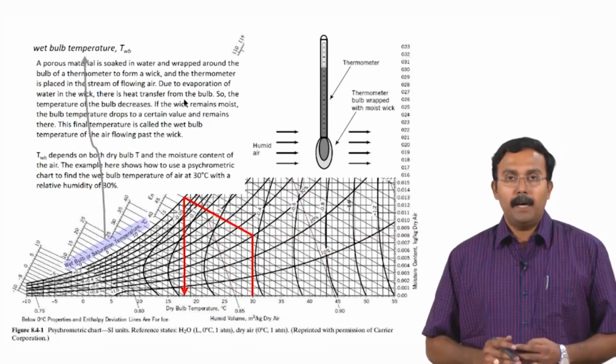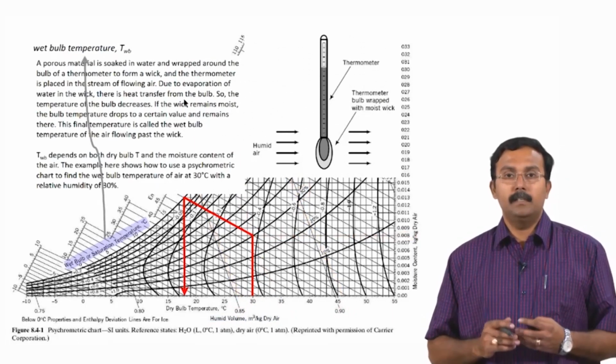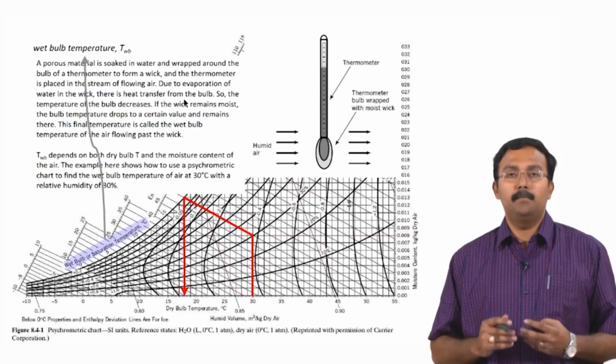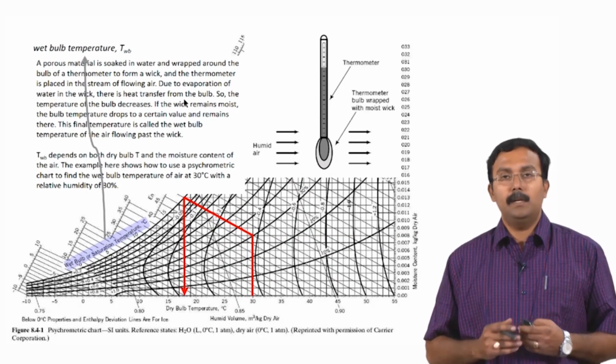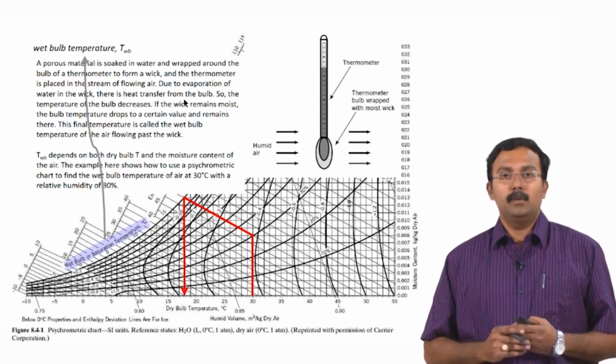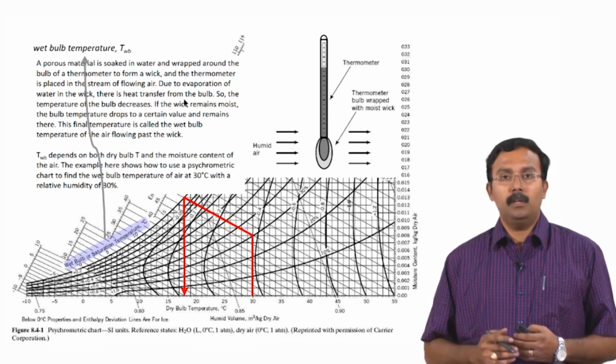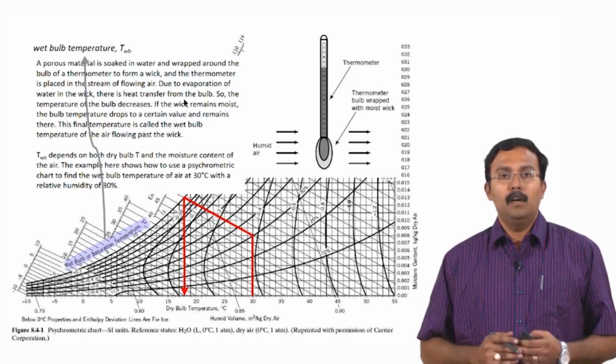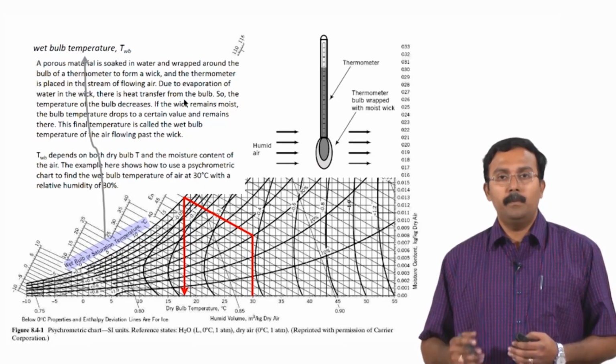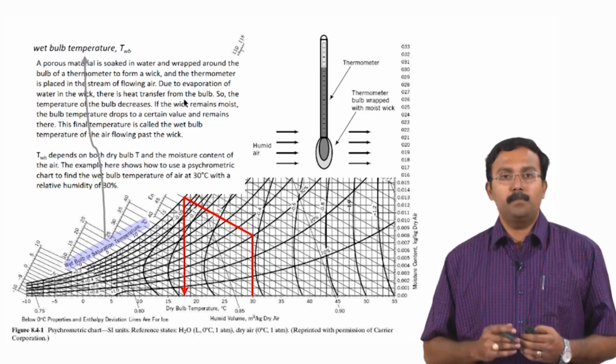calculations. So, another parameter which is shown here and described here is called the wet bulb temperature. What is the wet bulb temperature? The definition is given here. A porous material is soaked in the water and wrapped around the bulb of a thermometer to form a wick, and the thermometer is placed in the stream of flowing air.